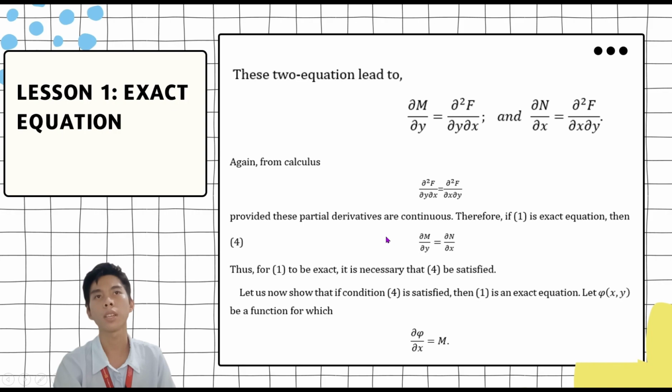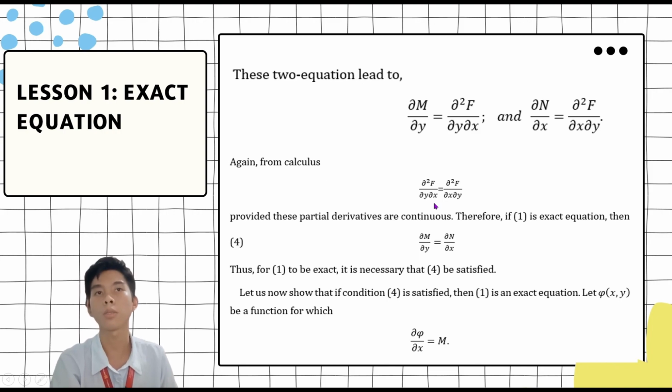These two equations lead to the partial derivative of M with respect to y being equal to the second partial derivative of the function with respect to y and x, and the partial derivative of N with respect to x being equal to the second partial derivative of the function with respect to x and y. It means that we simply derive the M term in terms of y and the N term in terms of x.